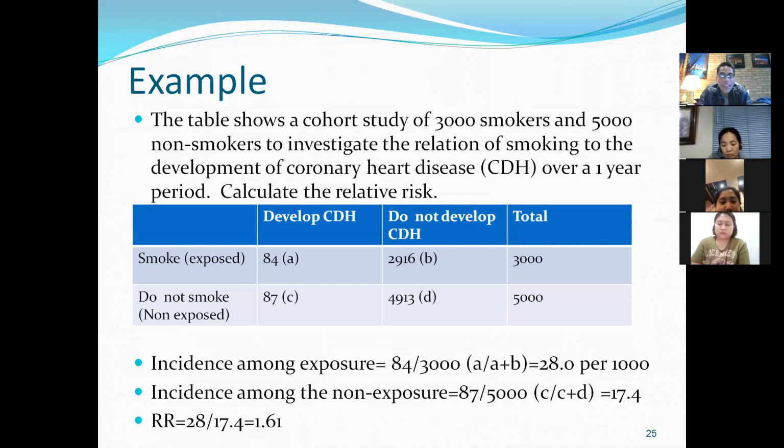So if you add 84 plus 87, that's 171. Take note of that number, 171. And then you add your 2,916 plus 4,913 equals 7,829.